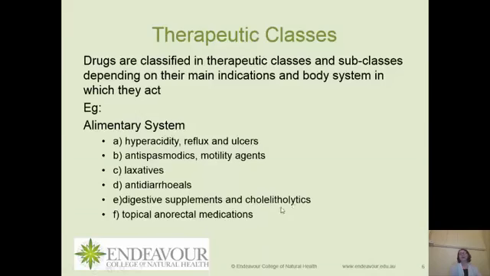So these are cholelitholytics, drugs that will break up gallstones. And one last sub-classification that comes under the major classification, drugs acting on the alimentary system, we have topical anorectal medications. So it would appear in the literature, for example, MIMS Online, and would include a whole range of generic substances.